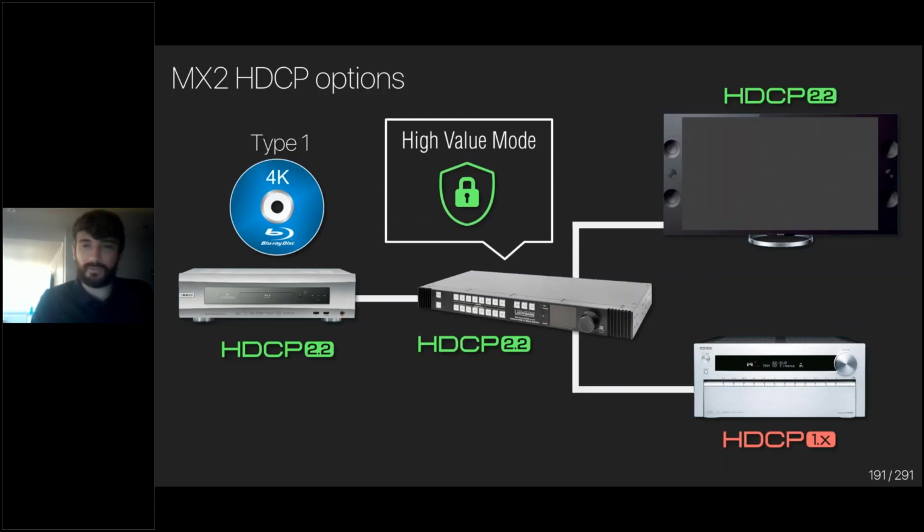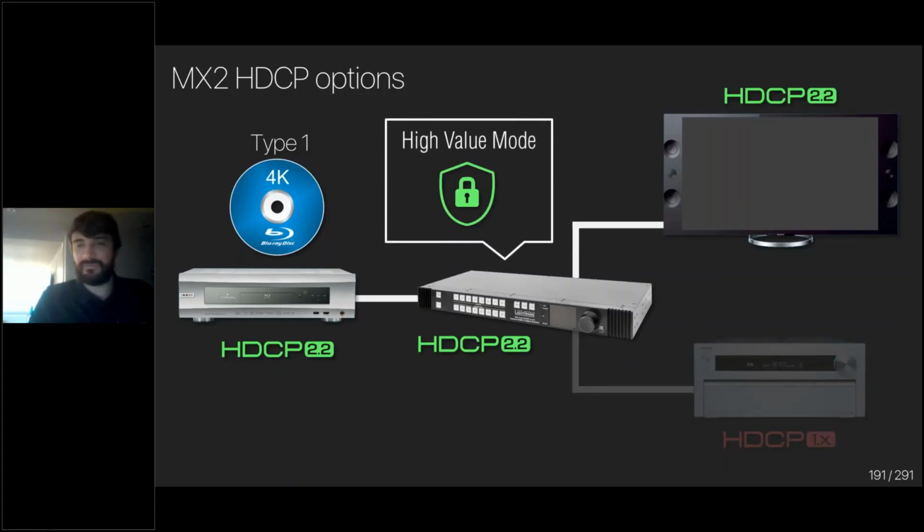We call it the high value mode. High value mode means that we hide the HDCP 1.4 device from the source, but it also means that the matrix won't be able to send this particular signal to these ports. We actually asked HDCP LLC what counts as part of the system and whether a device that doesn't receive a signal from a particular source is allowed, and they confirmed that this is actually allowed.